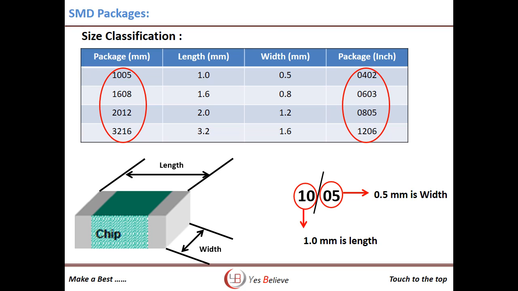Similarly, in case of 1608, the length is 1.6 mm and width is 0.8 mm. In case of 3216, the length is 3.2 mm and width is 1.6 mm. Here, thickness is not included. The exact size needs to be used while making the part data in the machine.